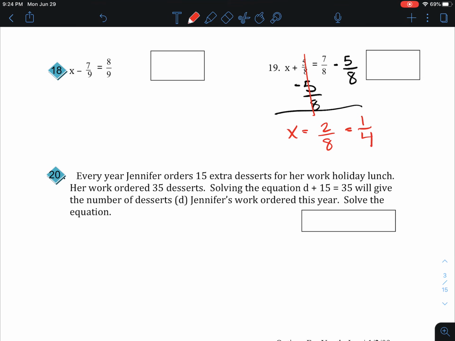And we get x equals negative 54 minus 62 more, which is 116. So x equals 116. So do number 12 now.